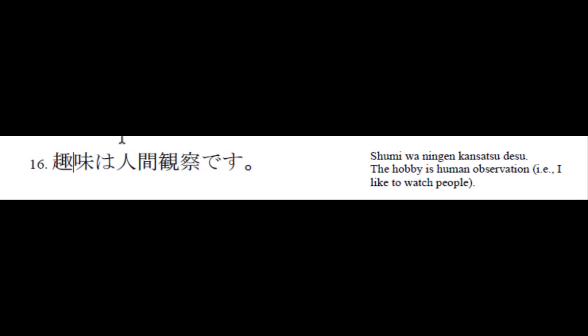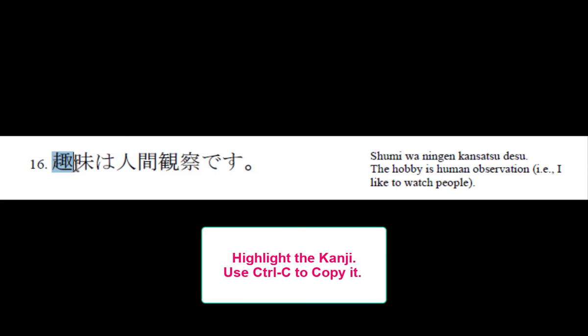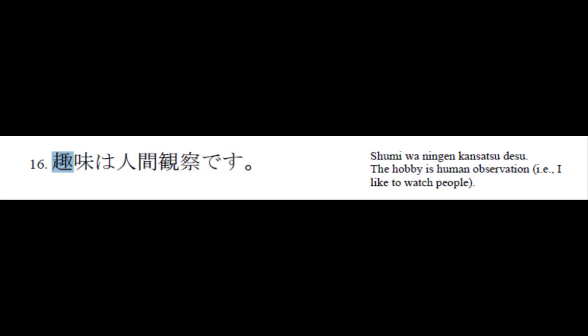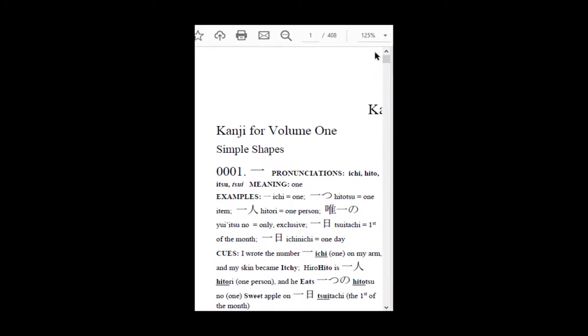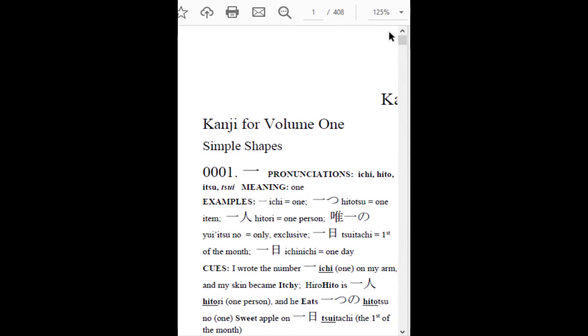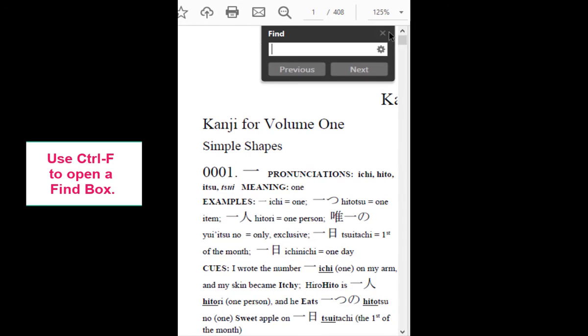First, I highlight the kanji using a mouse. Then I copy it by using Control-C, holding down both the Control and the C keys simultaneously. This puts the kanji into the computer clipboard. Next, I click on the window that contains the kanji catalog. Then I open a Find box by using Control-F.